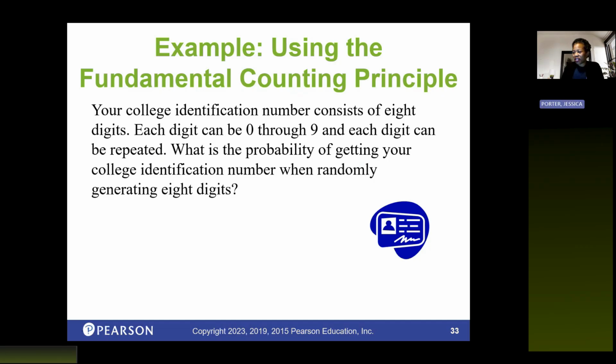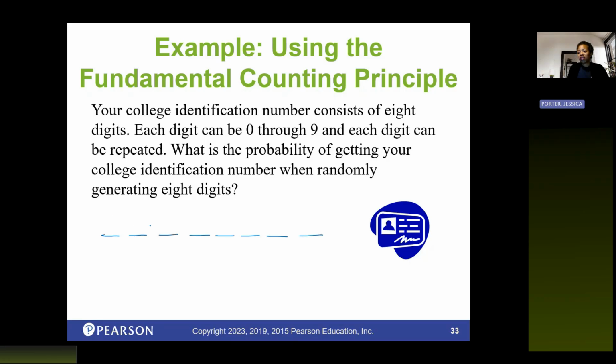Your college identification number consists of 8 digits. Each digit can be 0 through 9, and each digit can be repeated. What is the probability of getting your college identification number when randomly generating 8 digits? So here's how I do this. 8 digits, 1, 2, 3, 4, 5, 6, 7, 8.